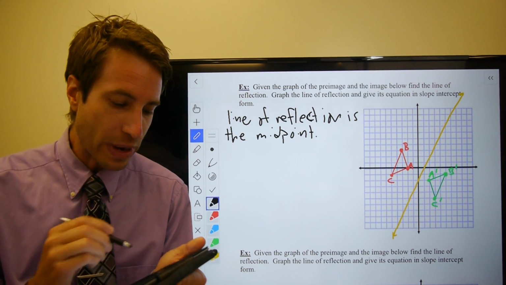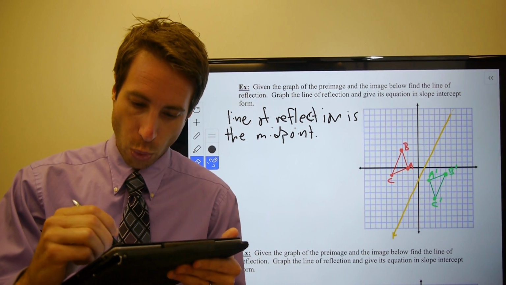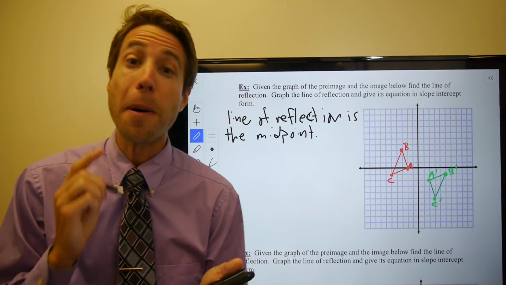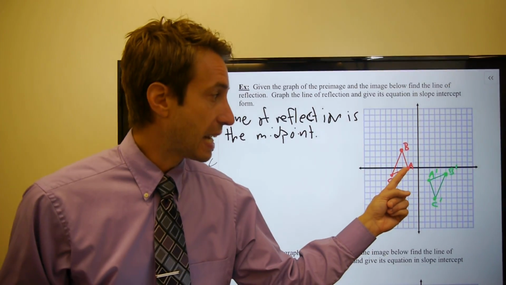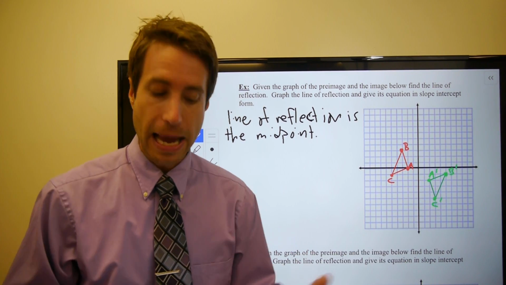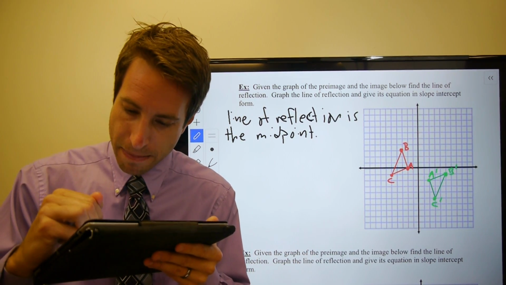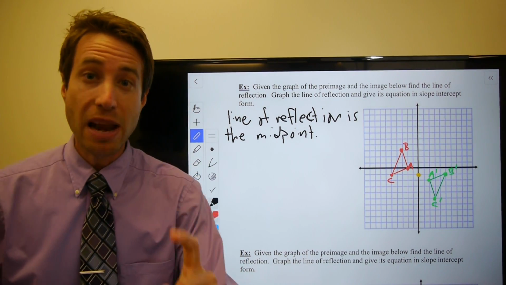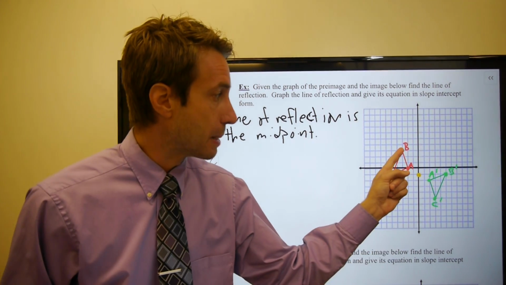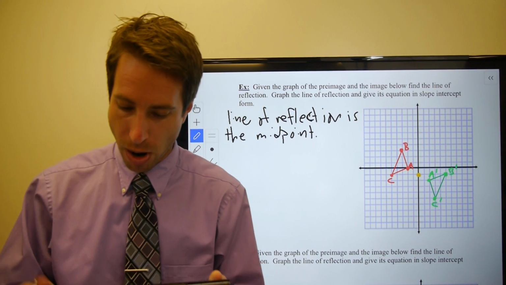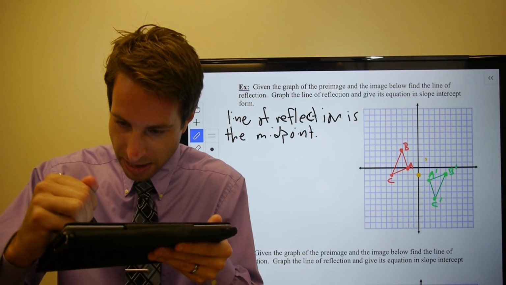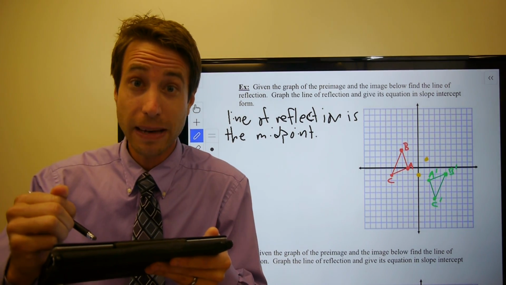So here's what we're going to do. We're going to find the midpoint between A and A prime. Let's say that midpoint is right there. And then we're going to find the midpoint between B and B prime. Let's say that midpoint is maybe right about there.